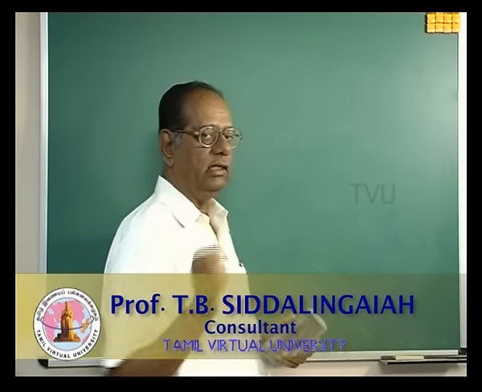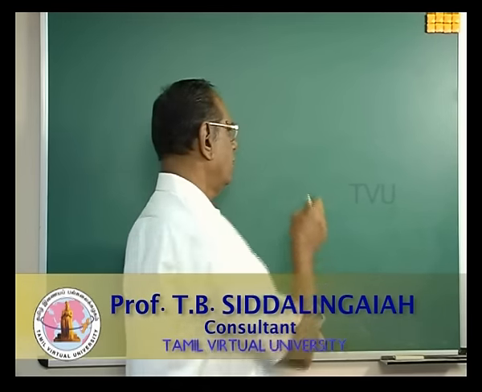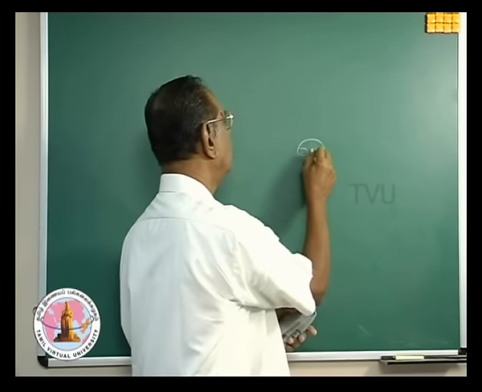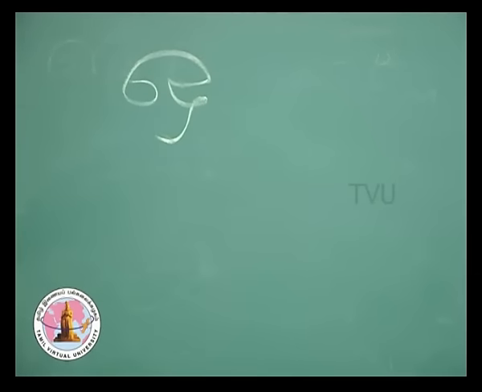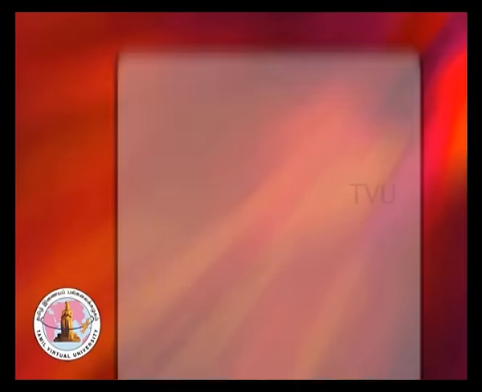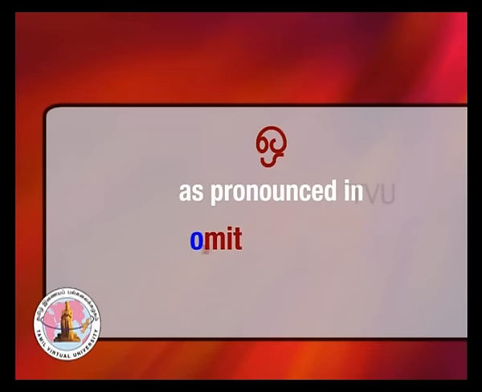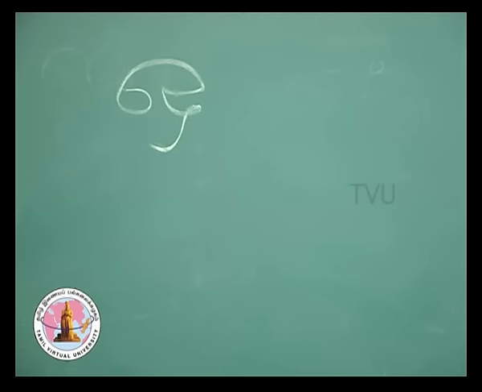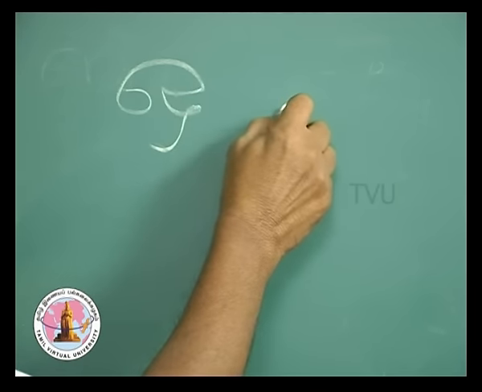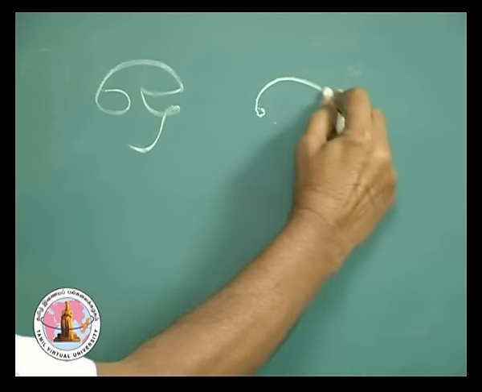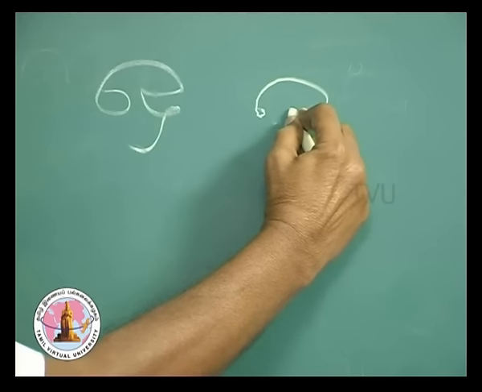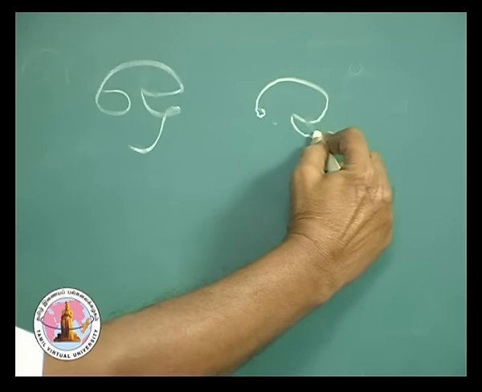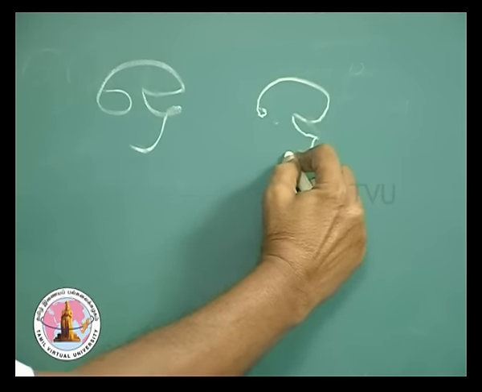The next one is O. As you have vowel sound in omit. O. Again this is written with a small circle, go up, come down, extend, take a curve, come down, another curve.